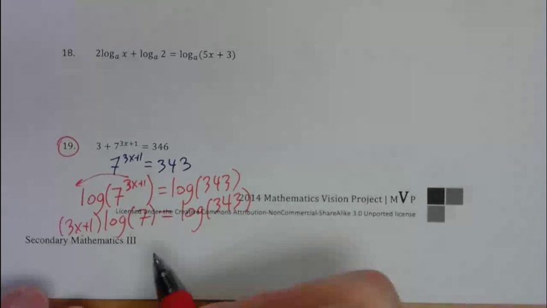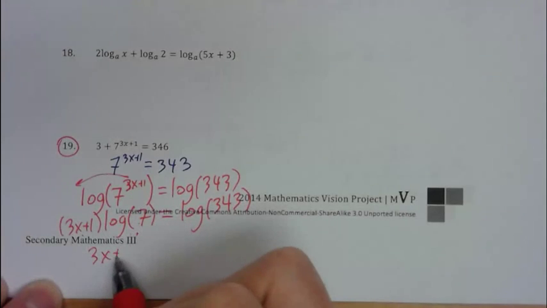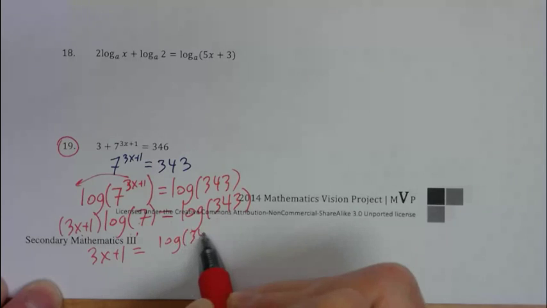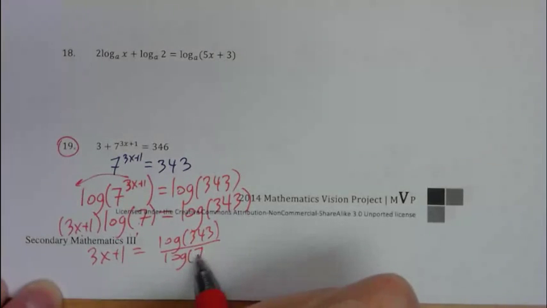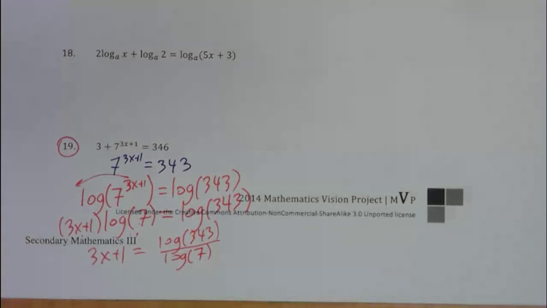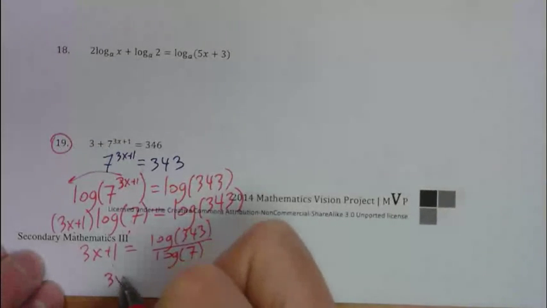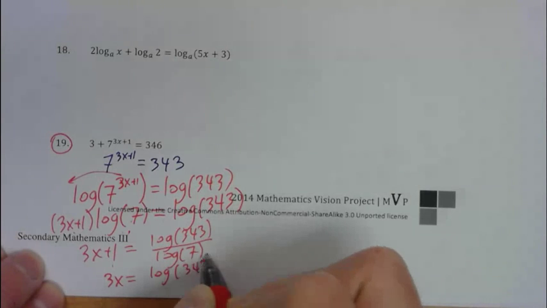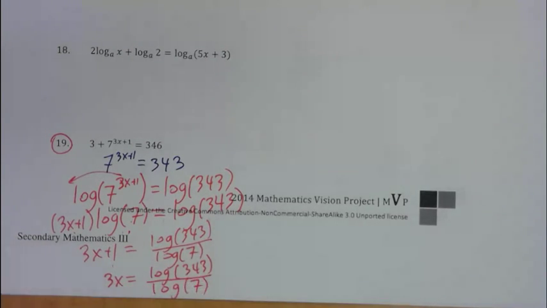Now, from here, I divide both sides by this log of 7. That would leave me with just 3x plus 1 on the left side and the log of 343 over log of 7 on the right side. But we still have to get rid of the 3 and the plus 1. So I would subtract 1 first, giving me 3x, and then the same log fraction here that I already have going on.